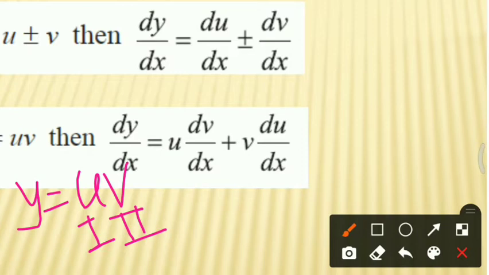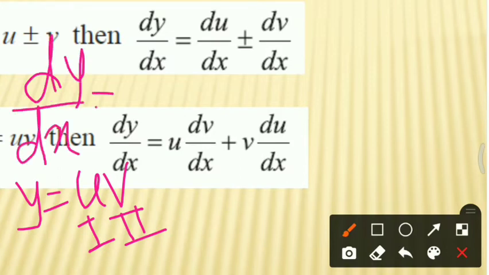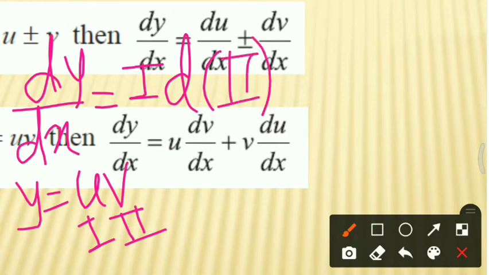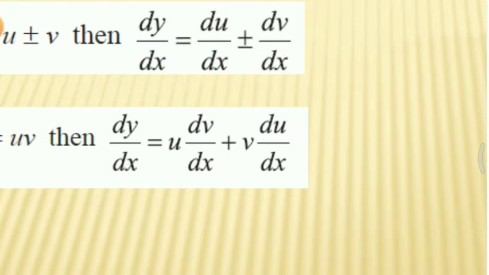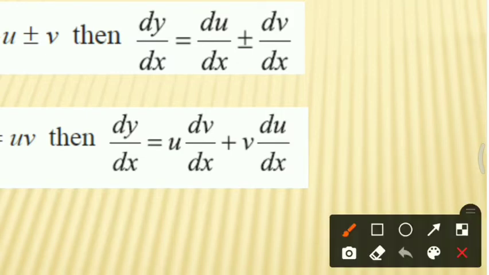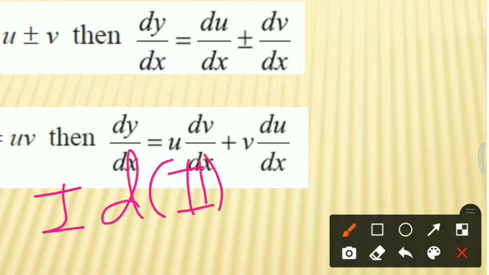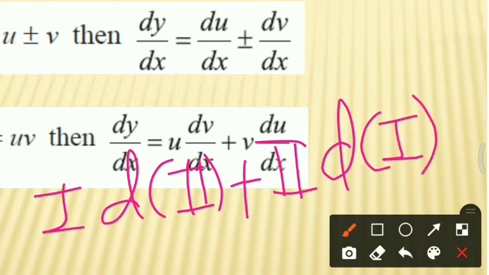So for our convenience, we can write this dy by dx as first as it is, derivative of second, plus second as it is, derivative of first. So you have a choice: u into dv by dx plus v into du by dx, or instead of this, first into derivative of second plus second into derivative of first, we can say it this way too.